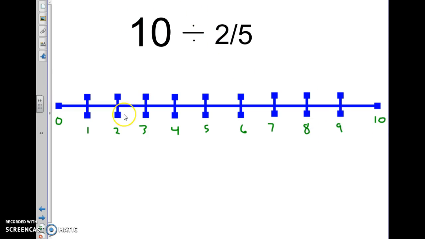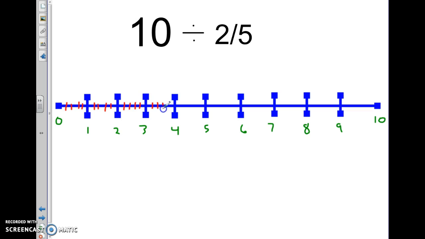Now, again, we're not dividing it by 1, though. We're dividing by groups of 2/5. Which means I'm going to break each of these 1 whole sections, right, into fifths. So if I'm breaking into 5 sections, that means I'm going to have 4 lines.